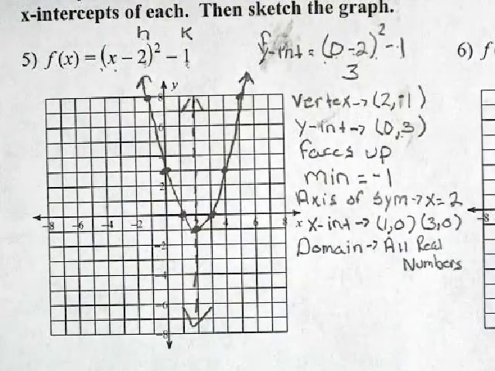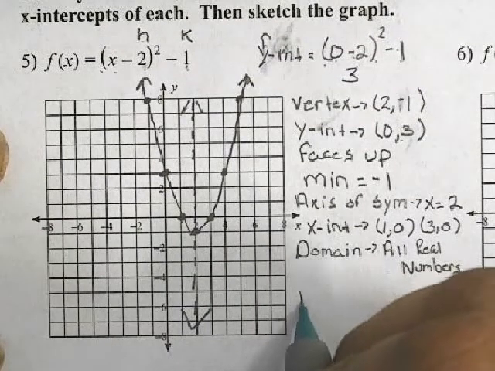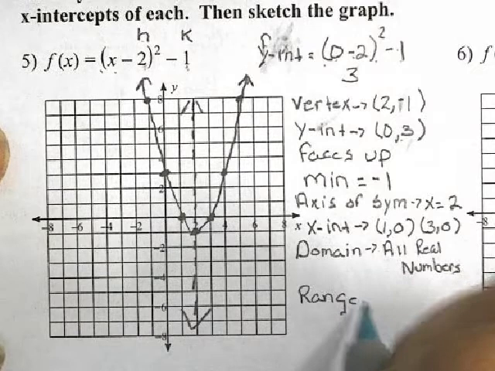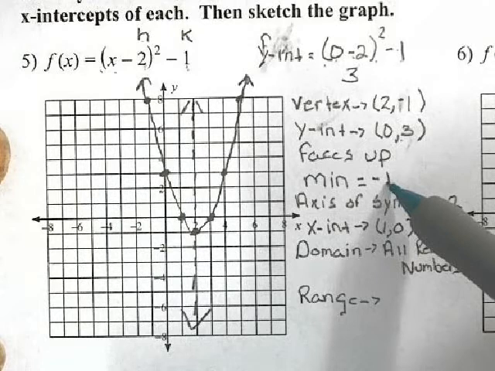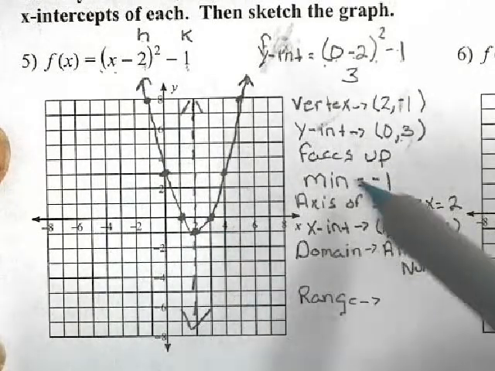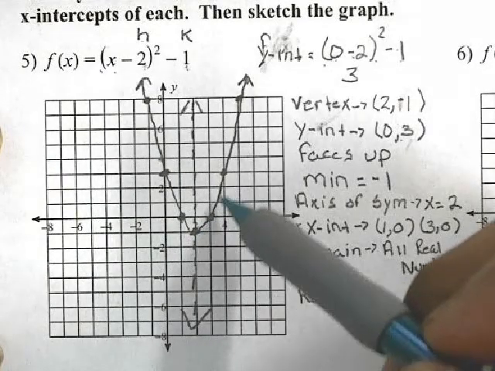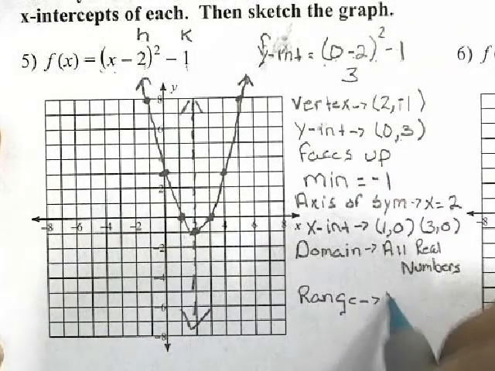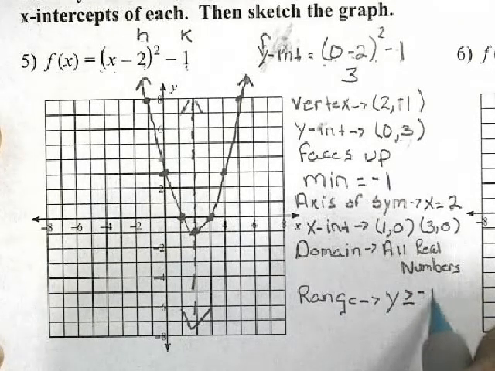Now, the range is the set of all y's. You have a minimum value at -1 right here. If you have a minimum, that means that's the lowest value that y will be, and plus is going up the y-axis. So all the numbers will be greater than or equal to -1.